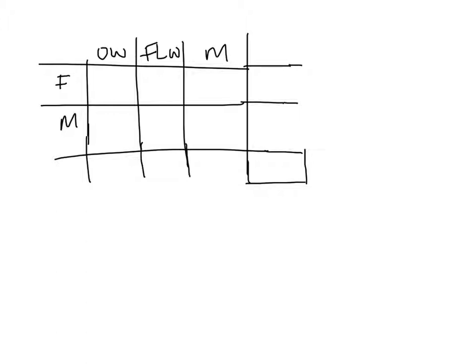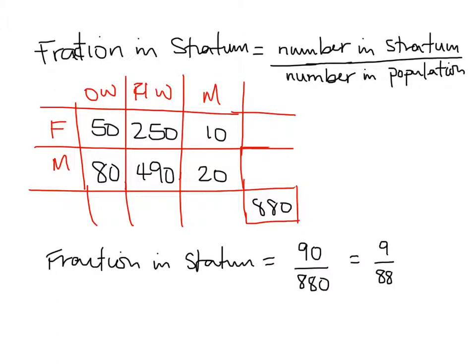Okay, so here's our table. It's blank, yes, I know. So the fraction of the stratum, I'll just call it Fs, is equal to 9/88. Now, I'm just going to pop back next door just to show you something. Remember we've got all of these values, 50, 250, 10, and so on. I need to multiply my fraction now by all of these numbers.